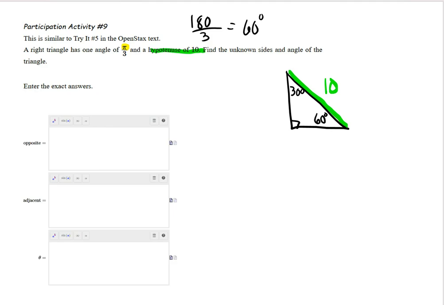Now remember, in a 30, 60, 90 triangle, and I didn't take a screenshot of this, but let's see, here's the right angle, that's 30. I didn't draw a very good triangle, did I? Because 30 degrees is half of 60, so it's going to be kind of a tall, skinny thing, where this is 30 and this is 60.